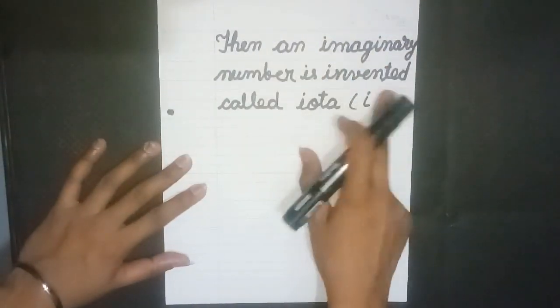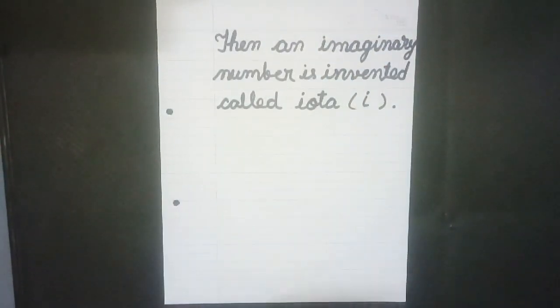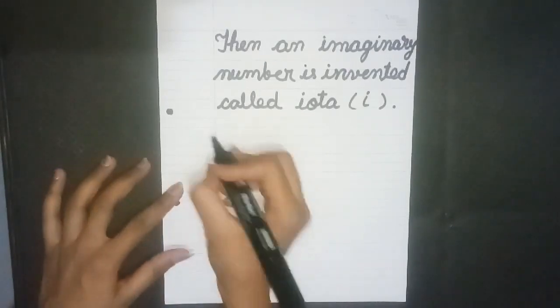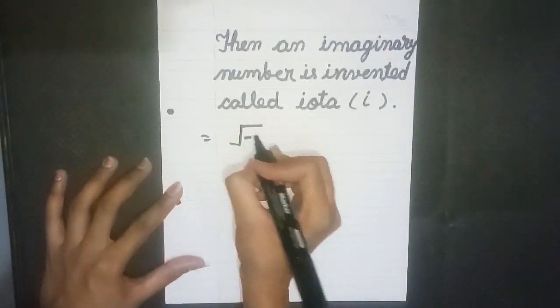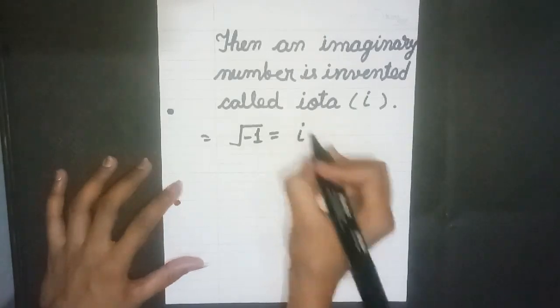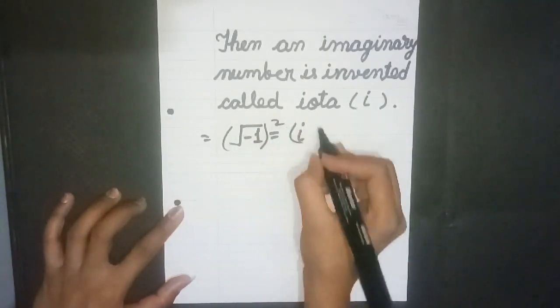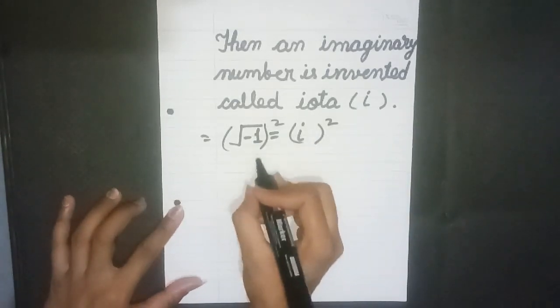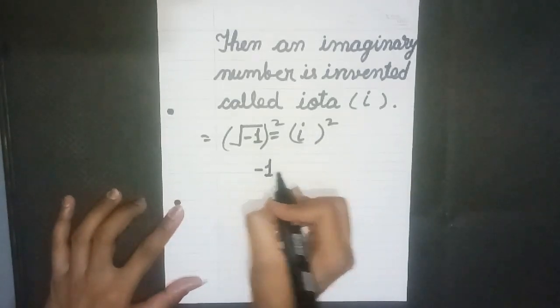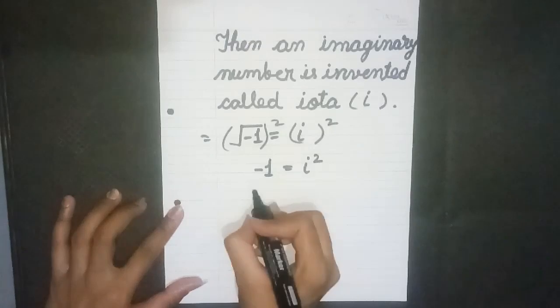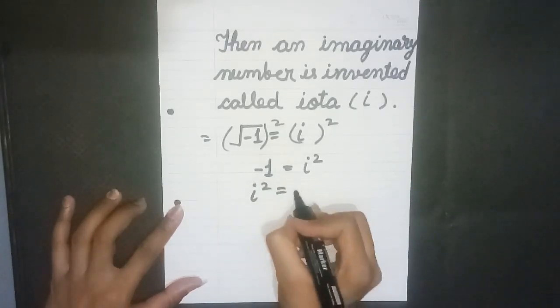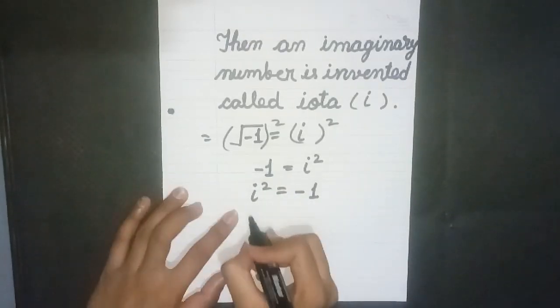Then an imaginary number is invented called iota. Got it? So under root minus 1 is equal to iota. This is called an imaginary number. Got it? If we square both sides, we will get minus 1 is equal to iota square. So iota square is equal to minus 1. Got it?